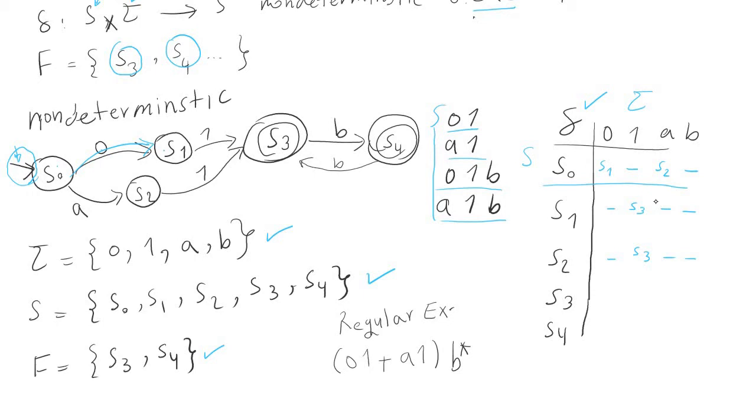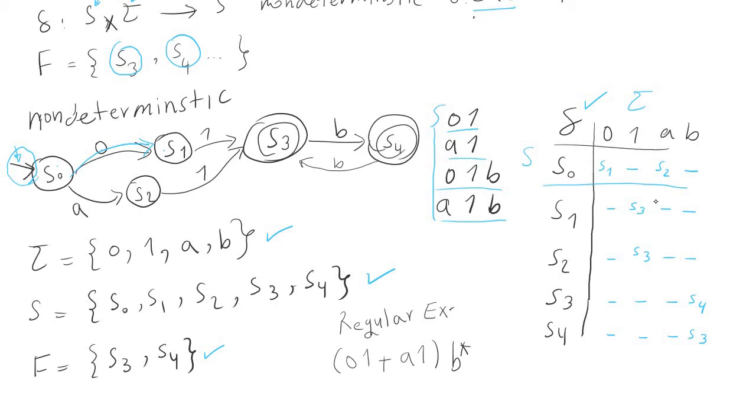And for state 3, for 0 we don't know, for 1 we don't know, for A we don't know, for B we go to state 4, and state 4 is the same as state 3. So now we have completed our transition function for our non-deterministic automaton.